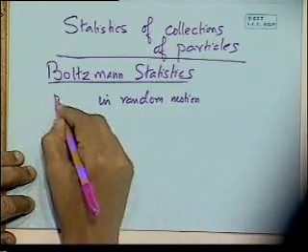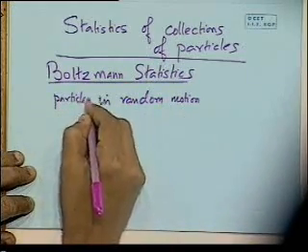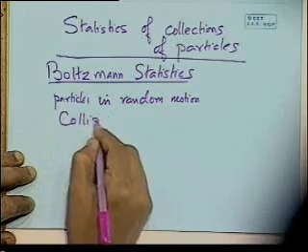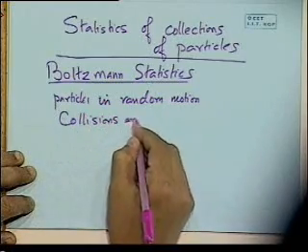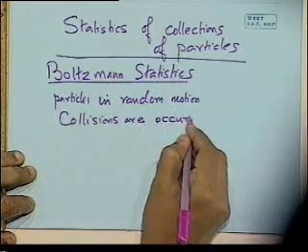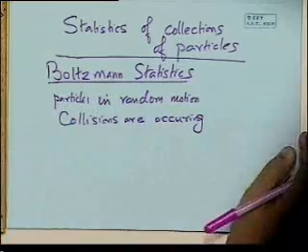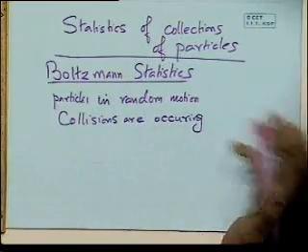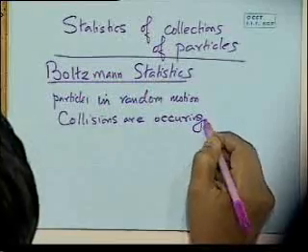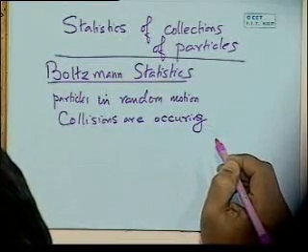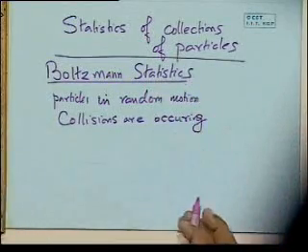Let us consider a collection of particles which are in random motion, okay, and collisions are occurring. That's the picture of the gases, right? We use Boltzmann statistics very often in the kinetic theory of gases. And so this is the picture we have of the particles in there.